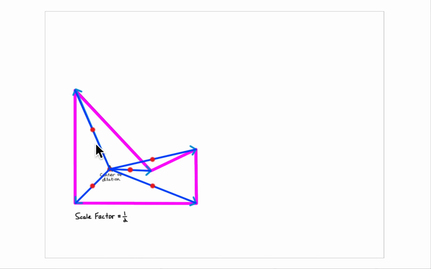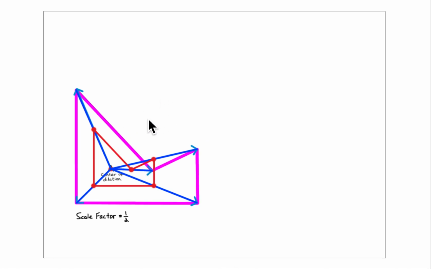So then you just connect these points around. Remember, they run parallel to the original image. So connect all these points. And so this image is scaled using a scale factor of 1/2. It's scaled 1/2 the size along each length as the original image.